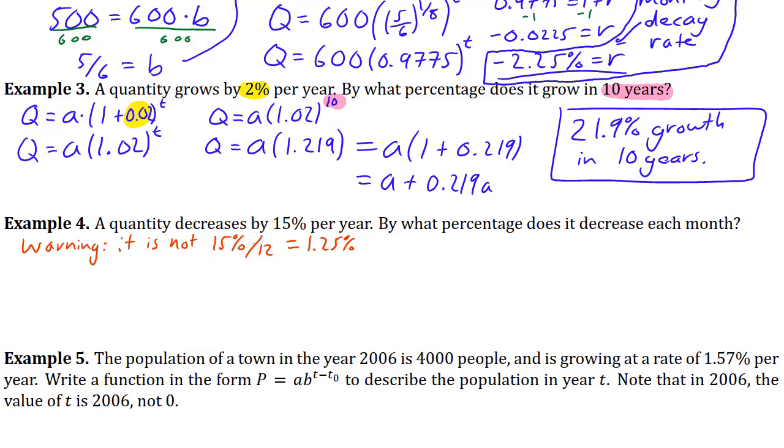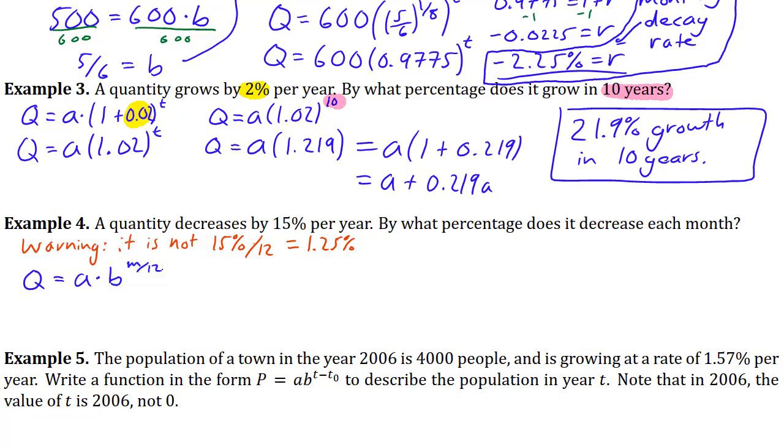So the way it does work is, what we're going to have to do is set up a formula for it. And to do that, let's think of the variable as a number of months. So if we say this is going to be Q equals A times B to the M over 12.